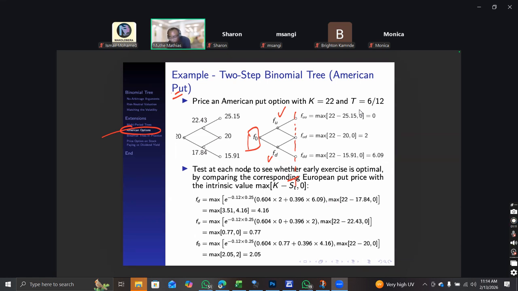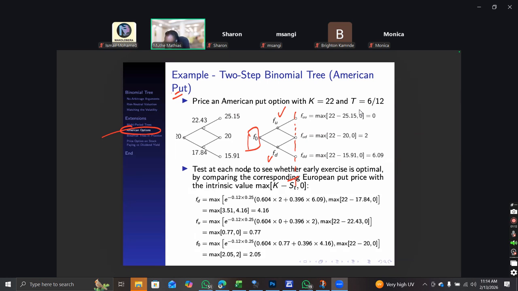The way we estimate this is by noting that for American options, you can exercise your right at any point. You don't have to wait until maturity, right? So what I'm doing here is asking myself, is it optimal to exercise my right here or not?